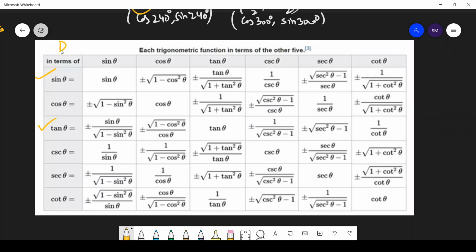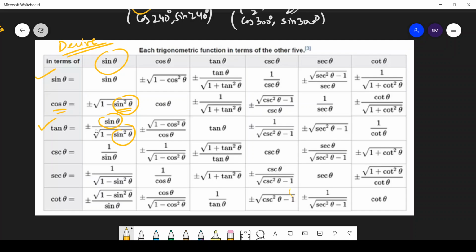So you can derive these relations if you love trigonometry. You can take a snapshot of it also. So this is another way of finding the value. Like you know sine theta, so you can find cos theta by directly putting the value of sine theta here.